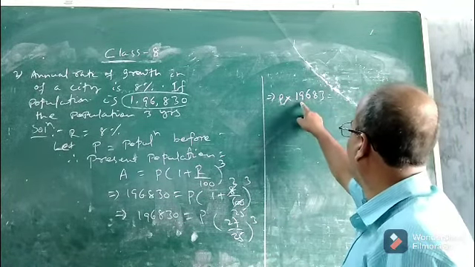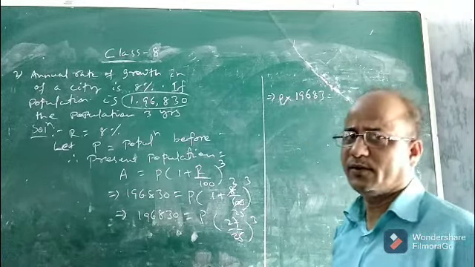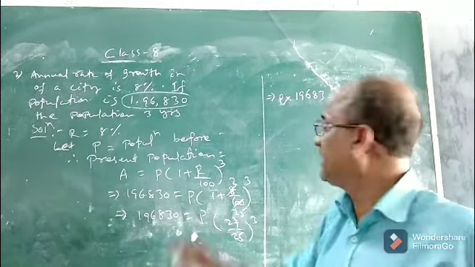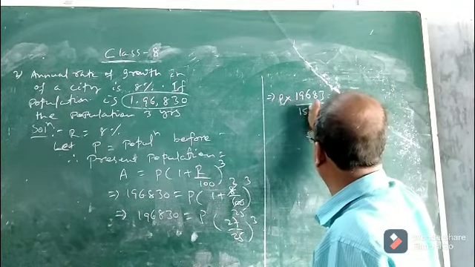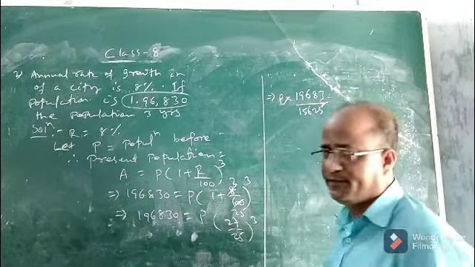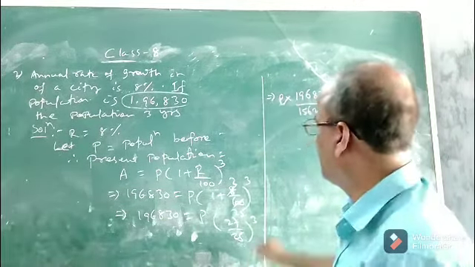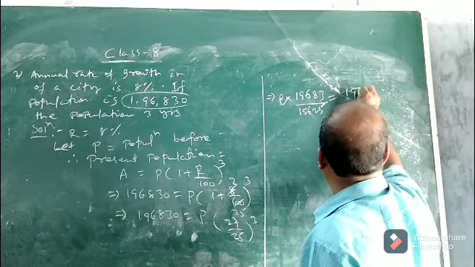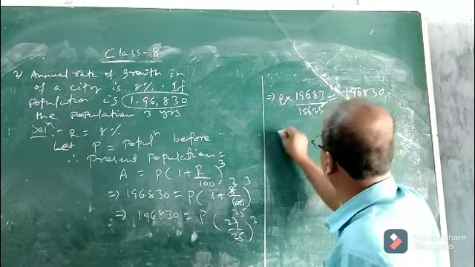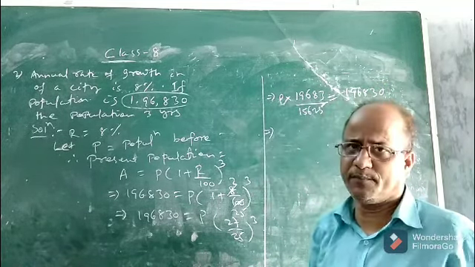You multiply 27 three times and you get this value. And the cube of 25 will be 15,625. So P into 19683 by 15,625 equals 1,96,830.